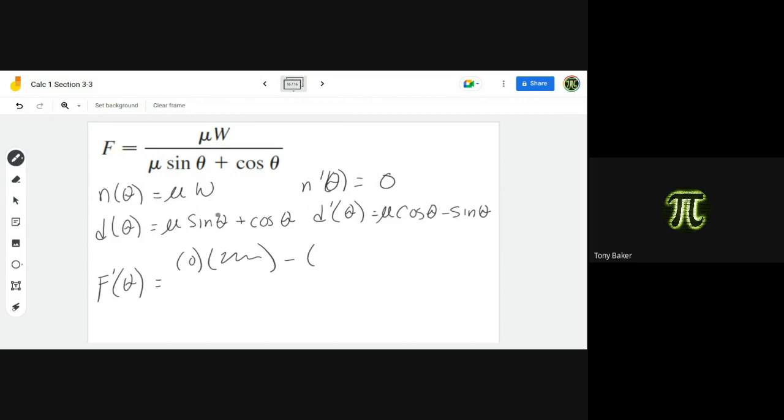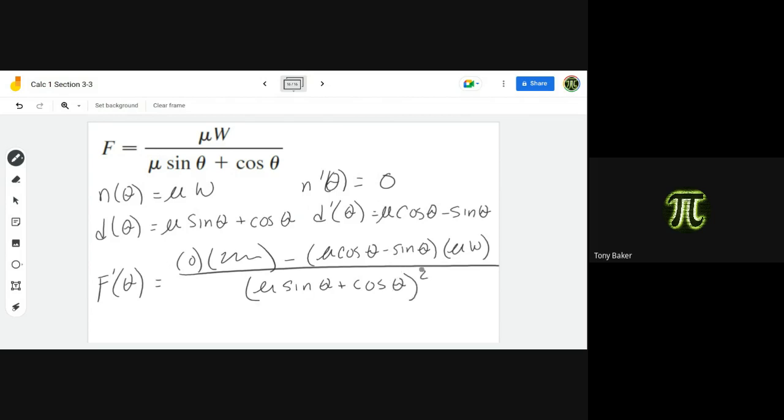And then we have cosine theta minus sine theta times mu w, and that's all over sine theta plus cosine theta squared.